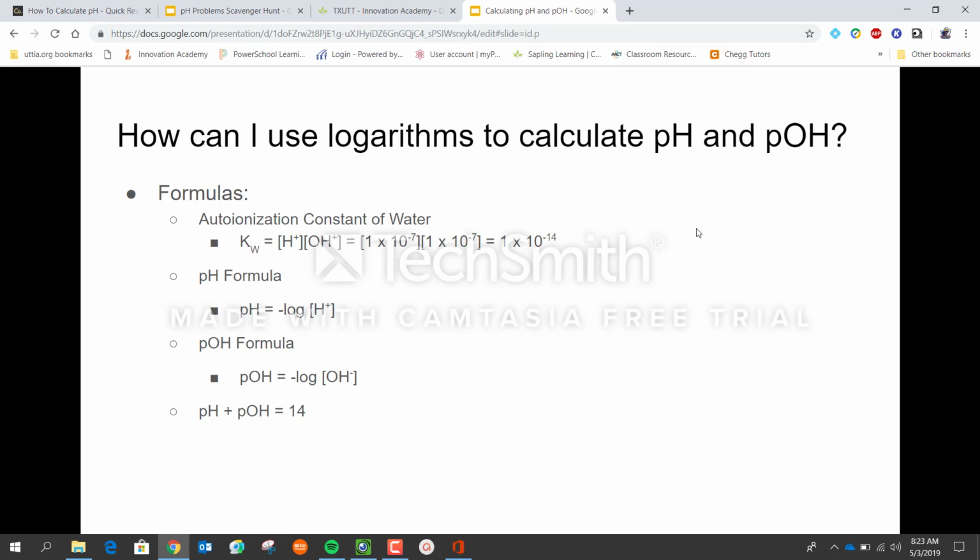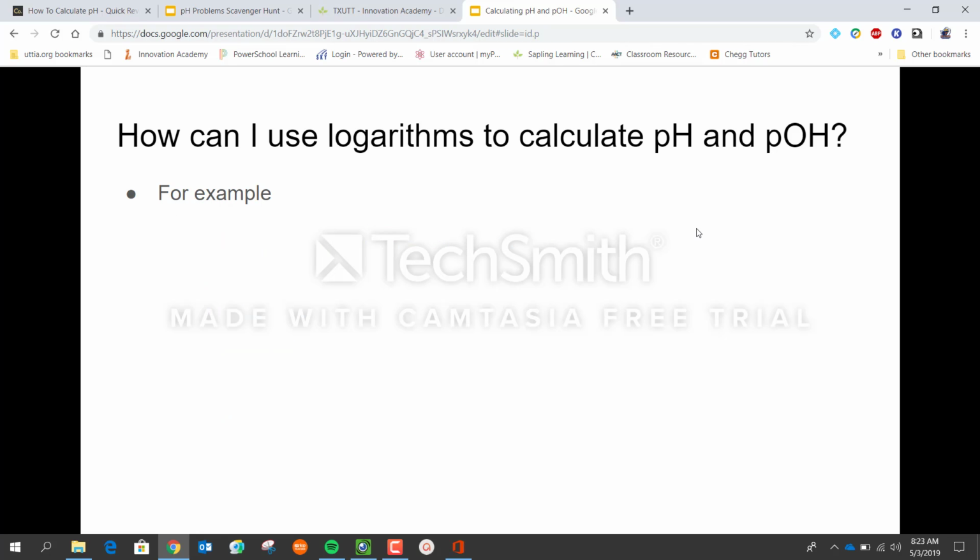Now let's use these formulas to calculate a pH. For example, find the pH of a solution if the hydrogen ion concentration equals 2.6 times 10 to the negative 6 molar. So write our formula down. pH equals negative log of hydrogen ions.